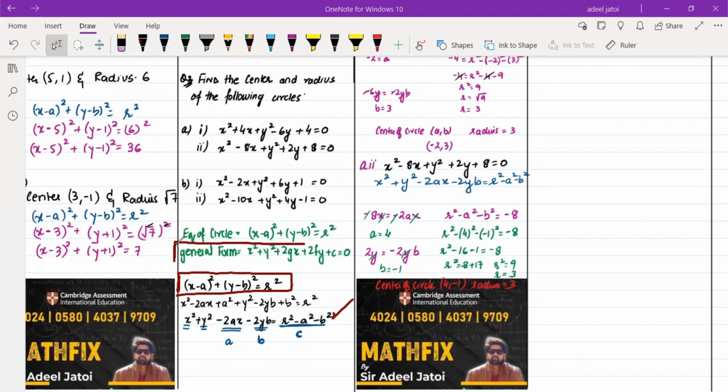And obviously the generalized form is also given in the form of 2gx and 2fy, but you can always use this as minus 2ax and minus 2yb. In such cases, your g is basically your a and your f is basically your b. But you can always change your x minus a whole square and y minus b whole square is equal to r square to this, so that you can have your own generalized form to solve such questions.